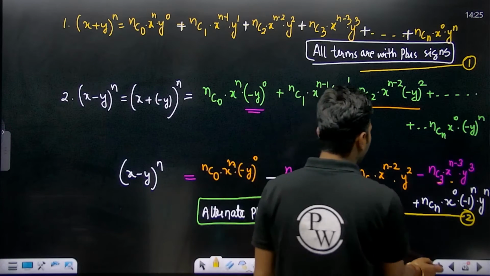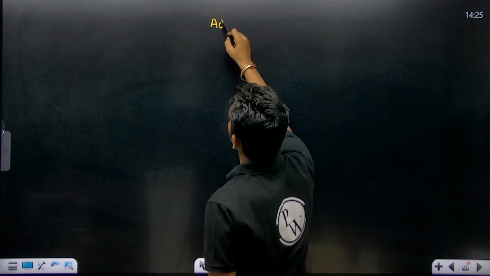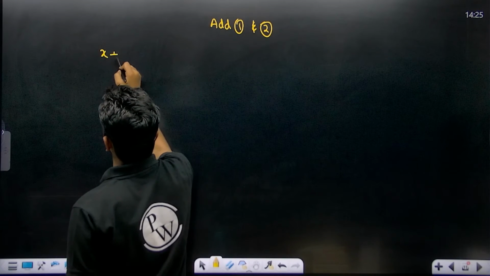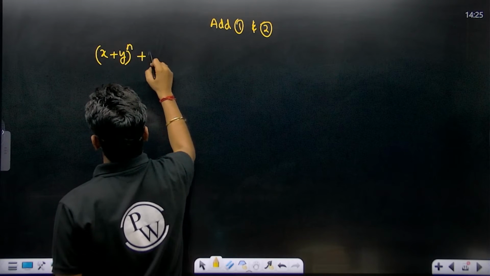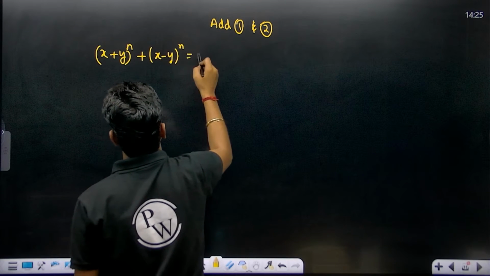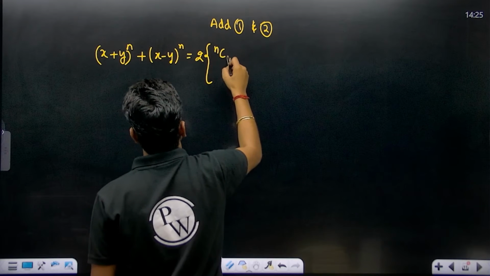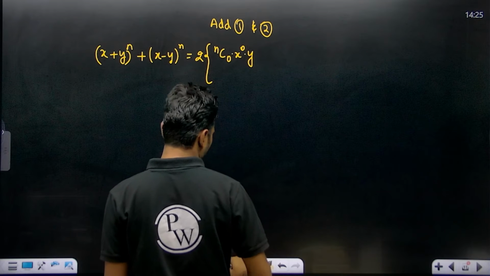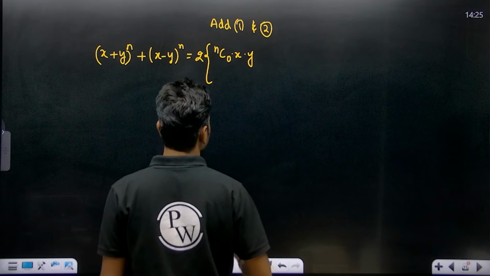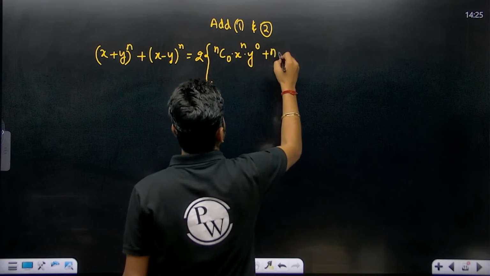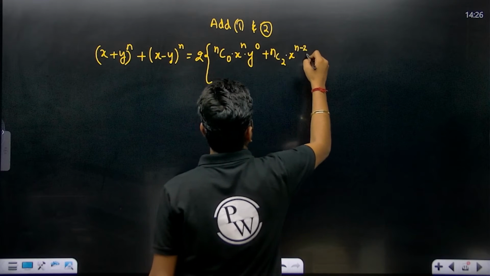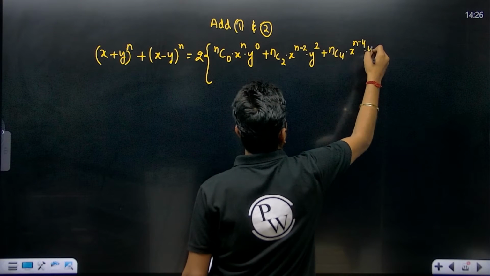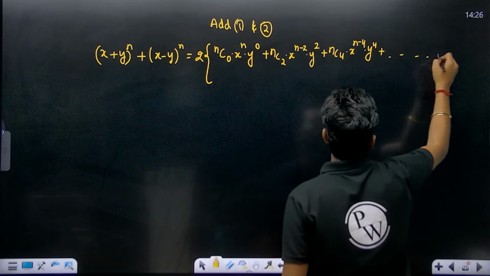So if we add 1 and 2, on the left hand side it is going to give you (x plus y) to the whole power n plus (x minus y) to the whole power n is equal to twice of nC0 into x to the power n into y to the power 0 plus nC2 into x to the power n minus 2 into y to the power 2 plus nC4 into x to the power n minus 4 into y to the power 4, and so on.